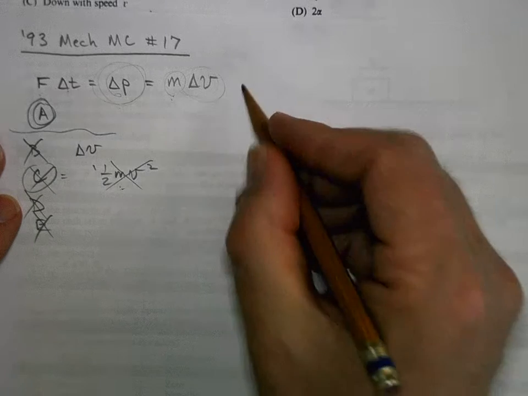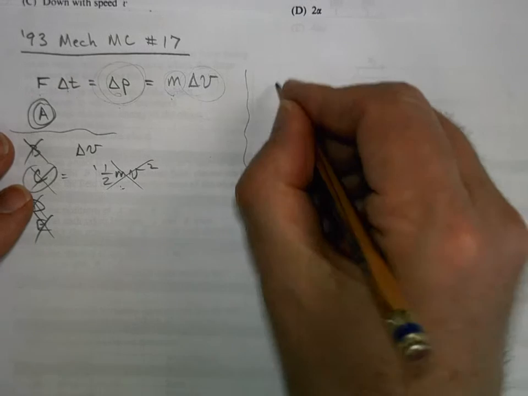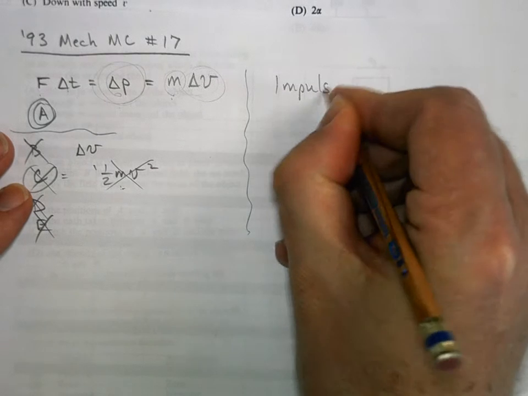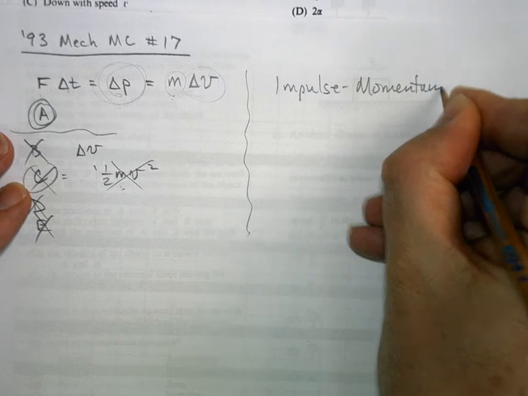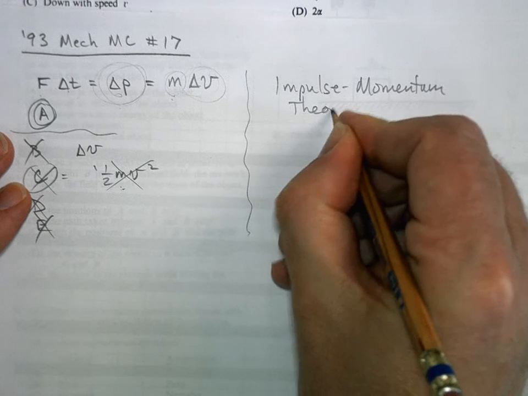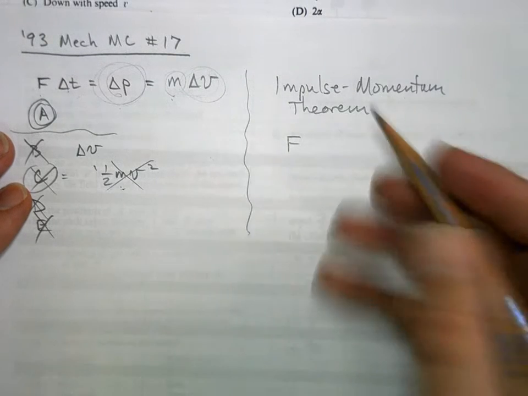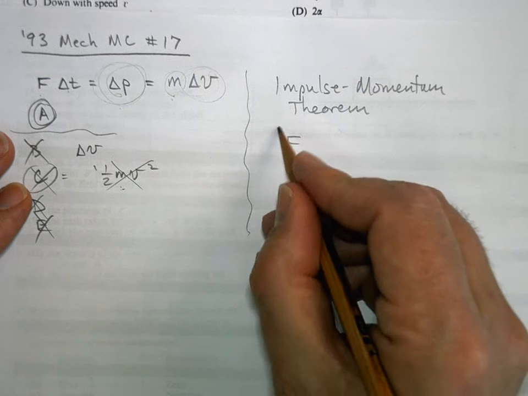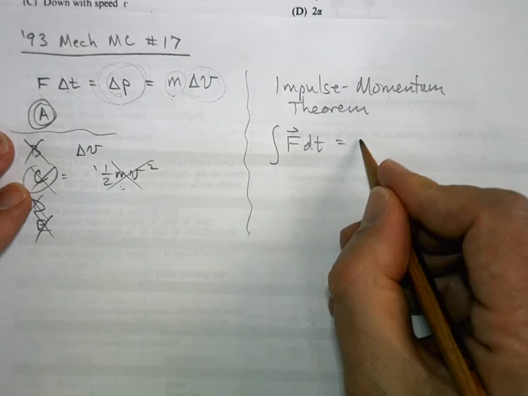Now, in your notebook, if you're wondering what the big picture here is: the impulse momentum theorem. That is the force. Now, maybe we can write the complete thing out, right? The integral of F dt is equal to delta p.